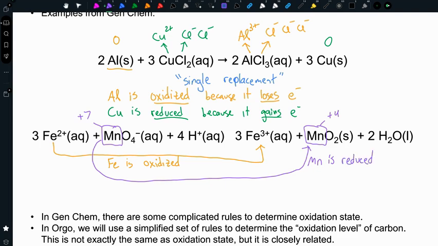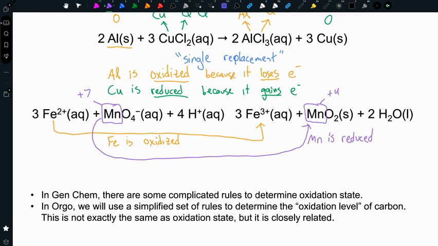If that part doesn't quite make sense to you, don't worry about it, because like I said, in organic chemistry, we're going to use much more simplified rules. So I'll explain what those are. But if you have seen examples like this before, I just wanted to give you a reminder. We will not talk about oxidation state. Oxidation state is very formal and has these complicated rules.